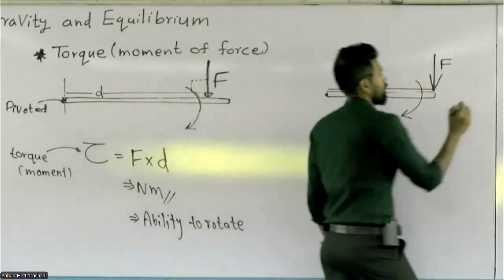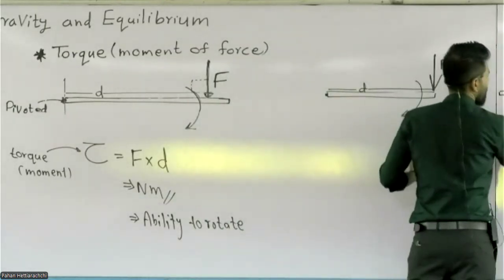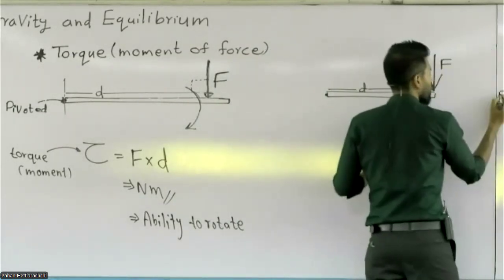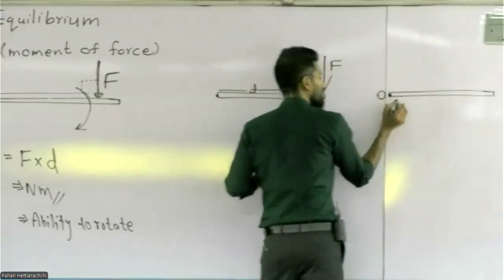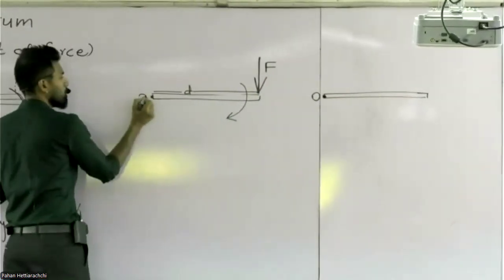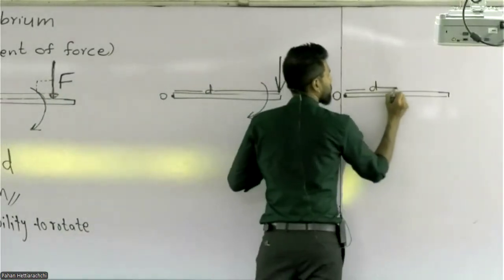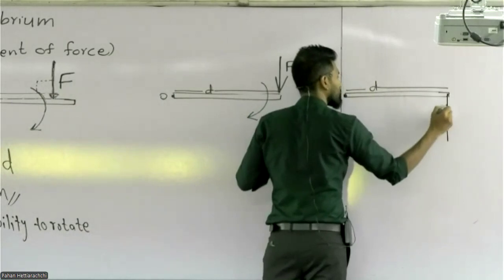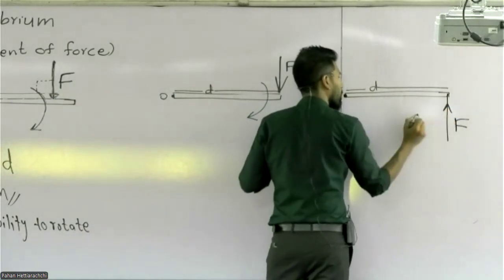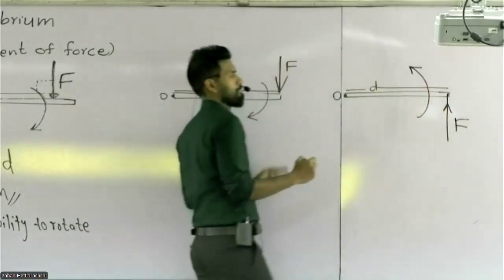But on the other hand, the same meter ruler pivoted from the same point, with the force applied from the same distance but on the opposite side, what will happen? Now it will rotate the other way.